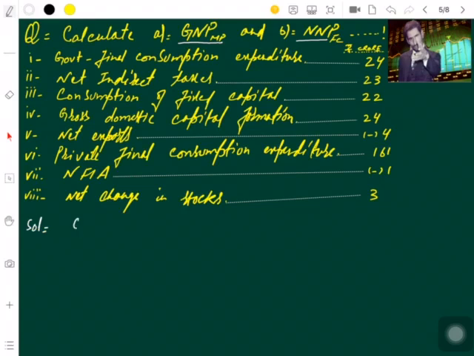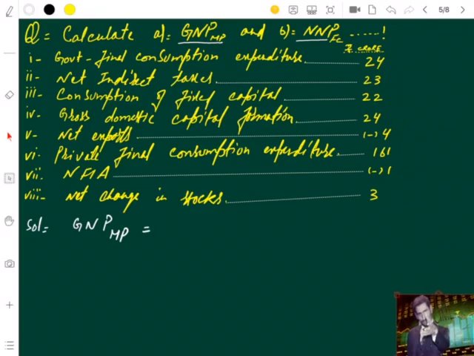So our GNP at MP will be equal to, let me first make some space here, because I'll require it. We have been reaching GDP at MP, that is domestic. This is national. So the difference between domestic and national is your net factor income from abroad.